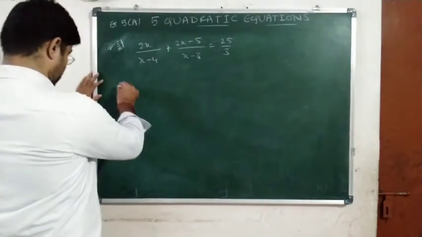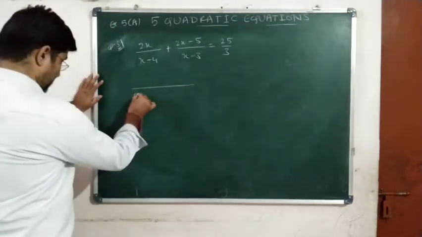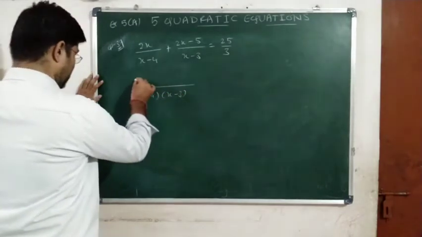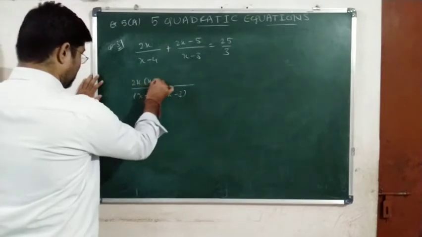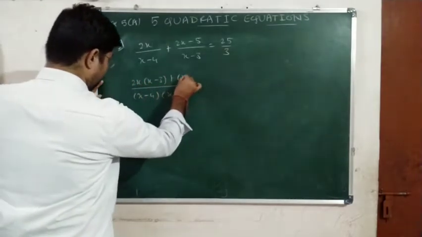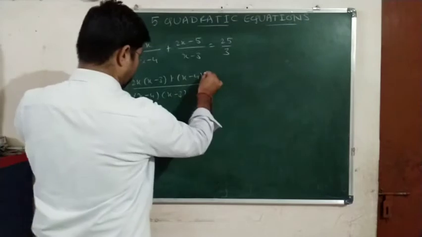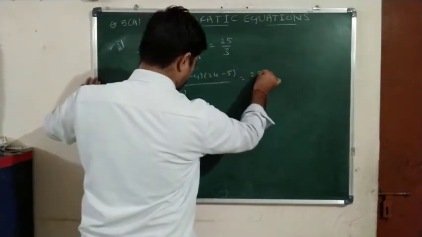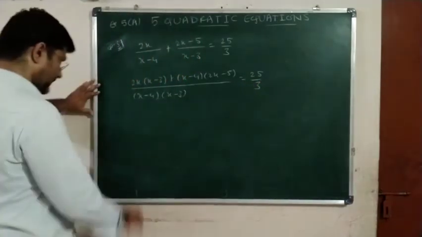Okay, now let us take LCM and simplify. So x minus 4 into x minus 3, 2x into x minus 3 plus x minus 4 into 2x minus 5 is equal to 25 upon 3.